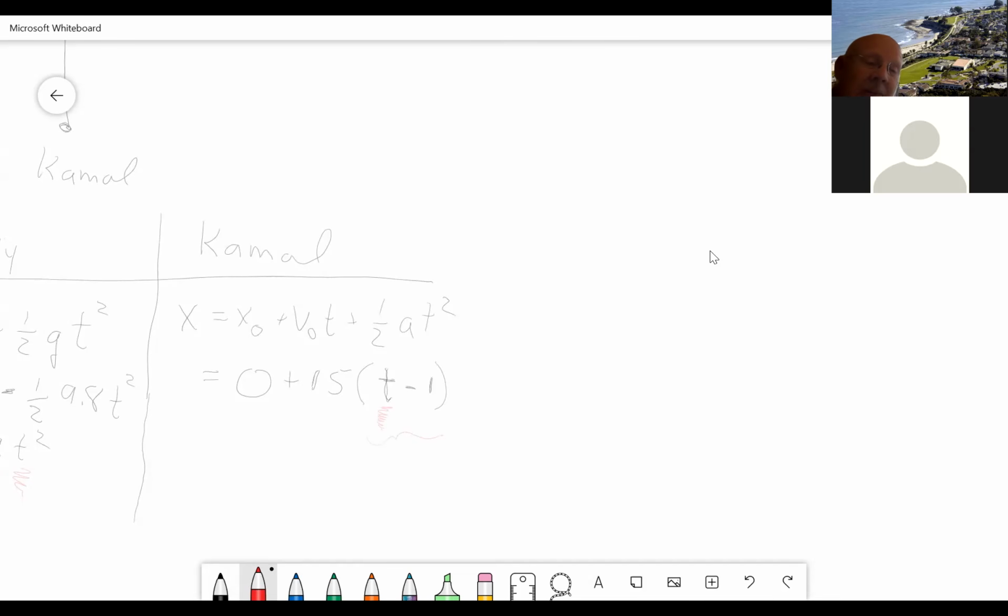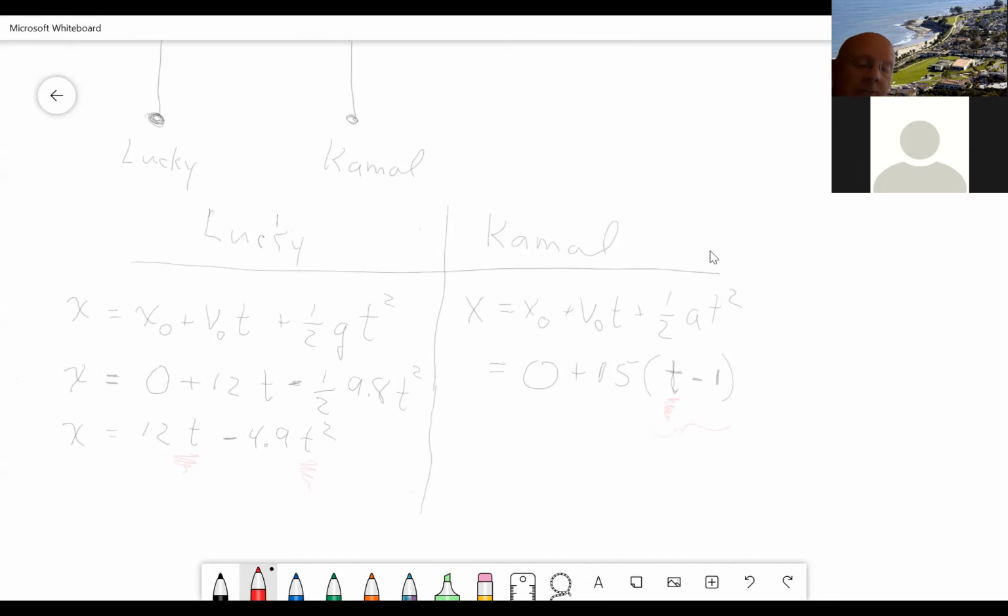The time the object has been moving is 1 second less for Carmel's object than for Lucky's object. And so now these t's are the same. The t in my first column with Lucky and the t in the second column for Carmel is exactly the same t.